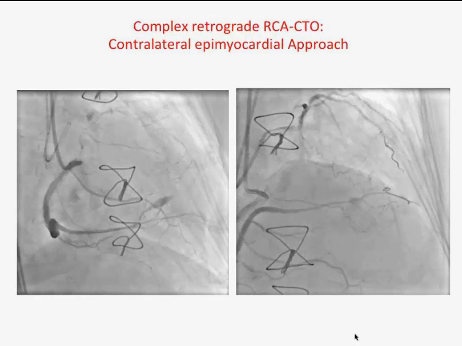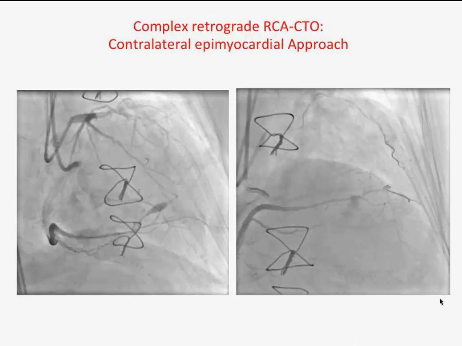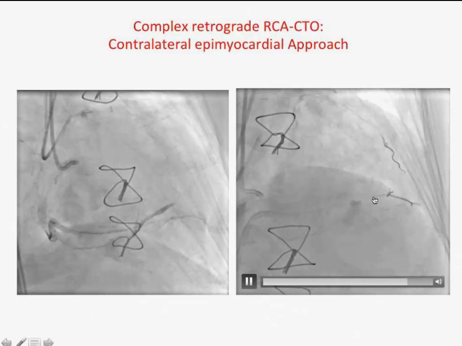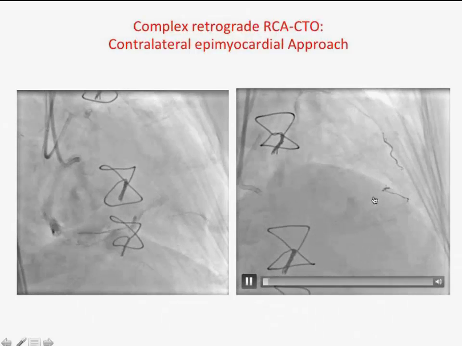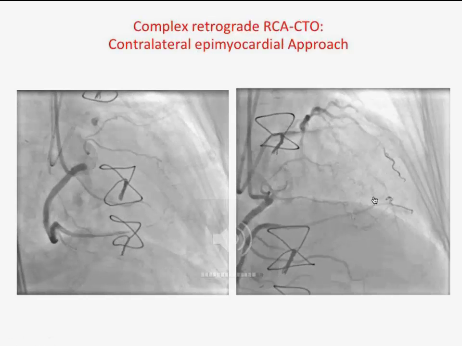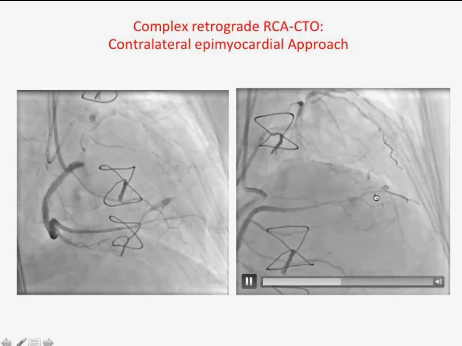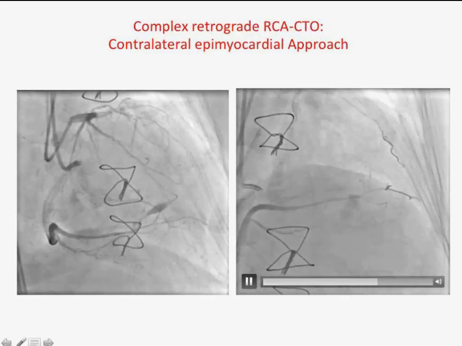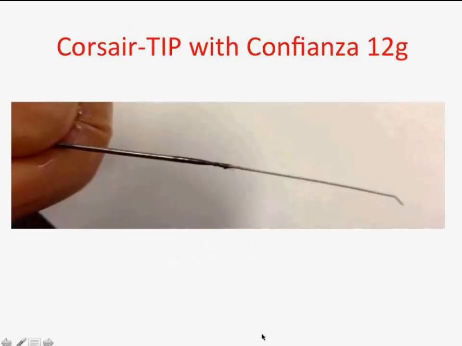So the only thing that I could do there was to put coils in. I coiled this pathway. There were 3 sites where I had to go for coils. I had to coil this pathway and also this epicardial connection. And here you can see the Corsair, the 12 Gram tip, which was fixed on the wire here. It was amazing.